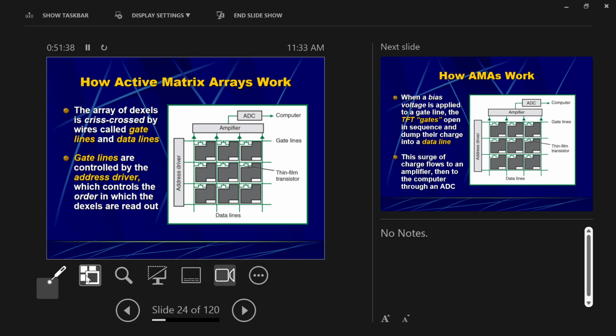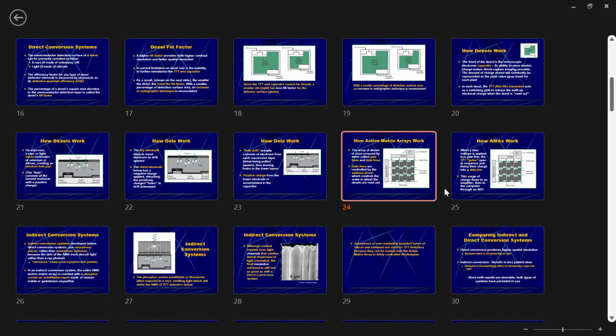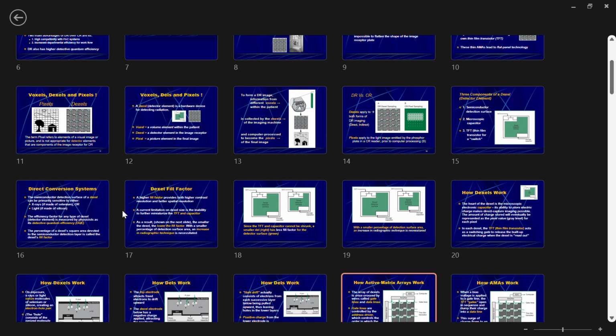That amount of electricity gets stored in the capacitor, and then the computer, one at a time, reads out the amount of stored electricity and gives that stored electricity a value, a pixel value, which will be displayed on the computer screen.